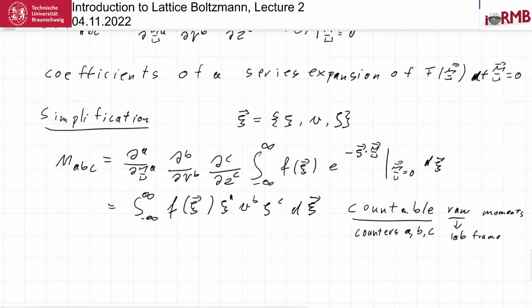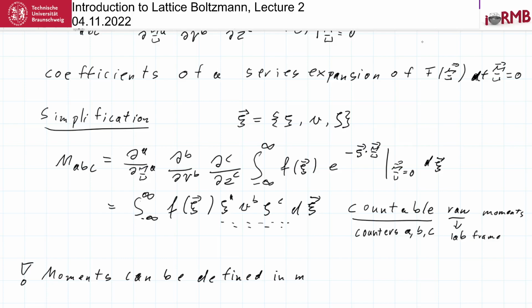Of course, this is not absolutely required, but you can take this as your kernel for the moment, and you can arbitrarily define different kernels, and then they look different. So moments can be defined in many different ways, and indeed they are.